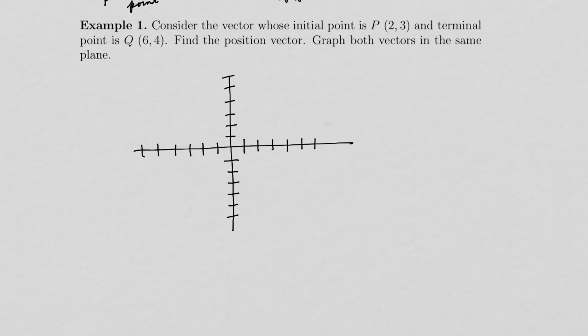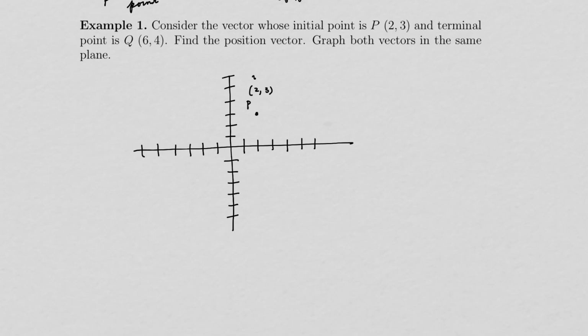Okay, so the original point is at (2, 3). That's the initial point, P. This is at (2, 3).